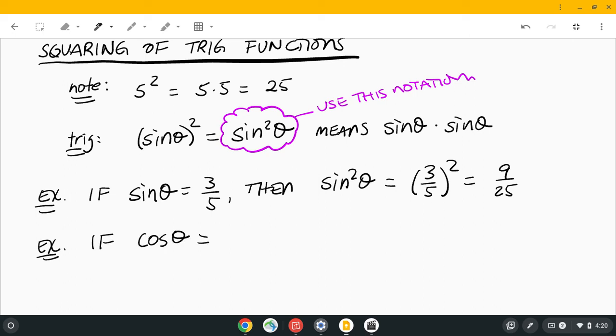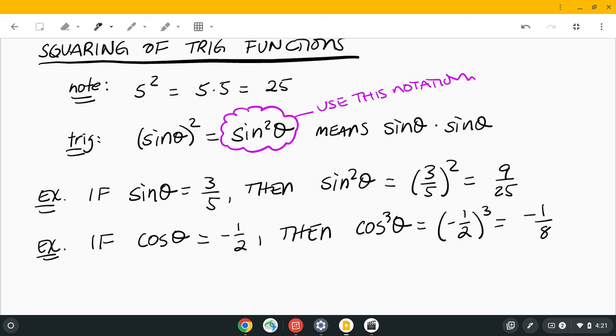If cosine theta equals negative 1/2, and it goes for all the exponents, not just squaring, even if we raise it to the third power, we still put the exponent right there. This would mean negative 1/2 to the third power, which gives us negative 1 over 8.